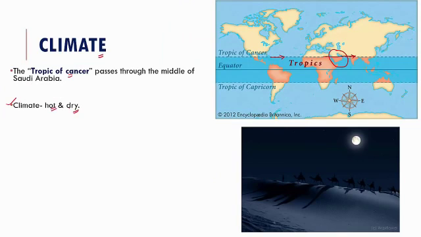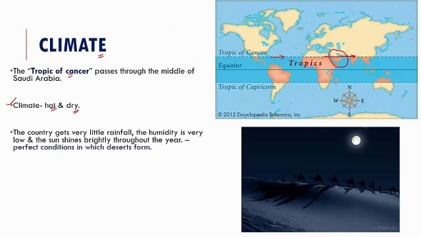Deserts heat up rapidly during the day and cool down very fast at night. Saudi Arabia, being a desert country, has an extreme climate. It is hot and dry with low humidity. The country receives poor rainfall and it is mostly bright and hot throughout the year.